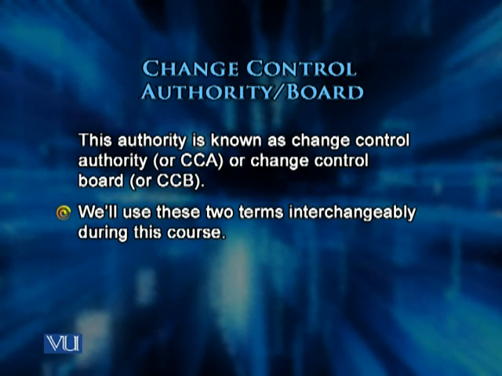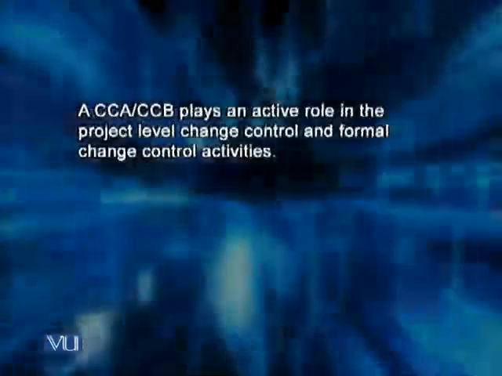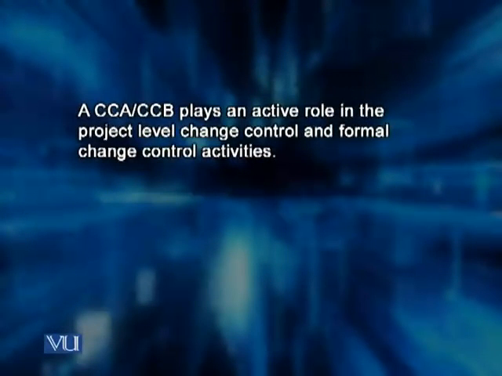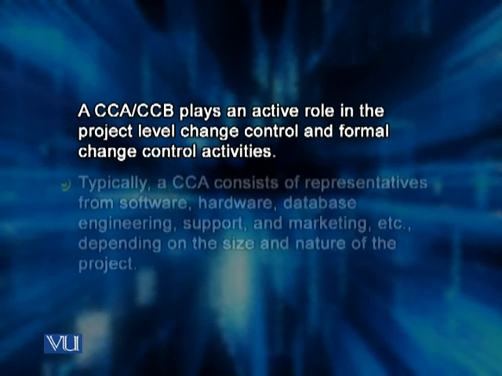And so whenever I say Change Control Authority or CCA, it is equivalent to Change Control Board or CCB. A CCA or a CCB plays an active role in the project level change control and also in formal change control activities when software has been released to the customer.